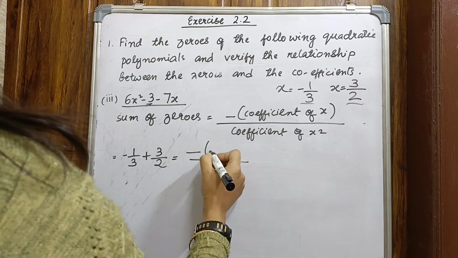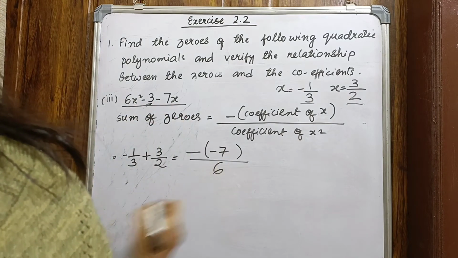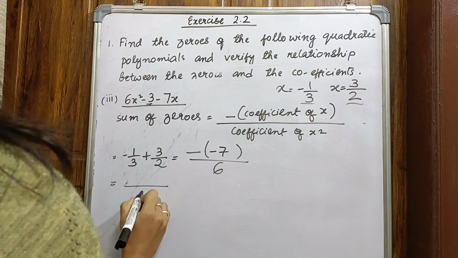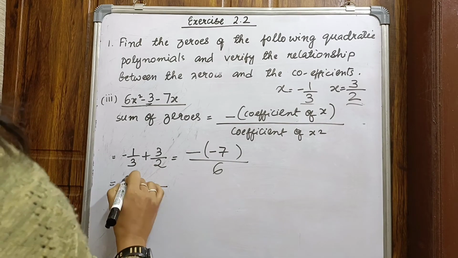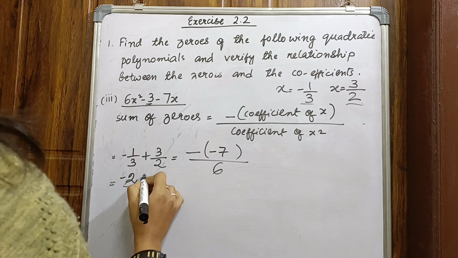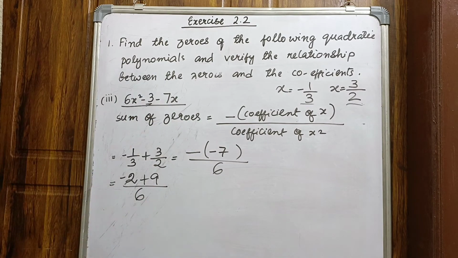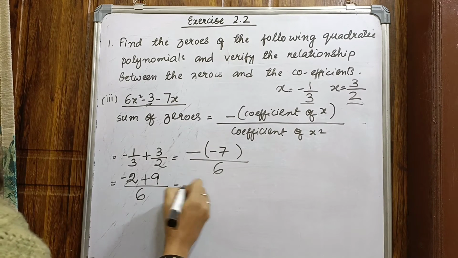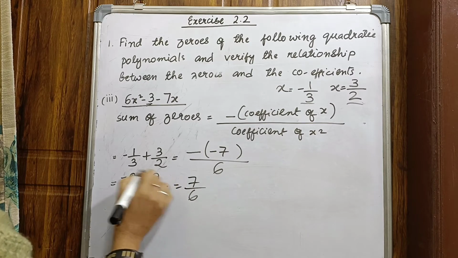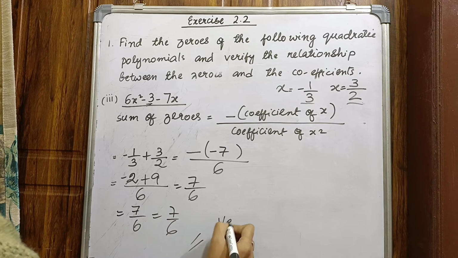It is minus 7, and the coefficient of x square is 6. We'll take the LCM, which is 6. 2 into 1 is 2, plus 3 into 3 is 9, this I've taught you in previous classes. Minus minus plus 7 by 6. So this is 9 minus 2, 7 by 6. So it is verified.